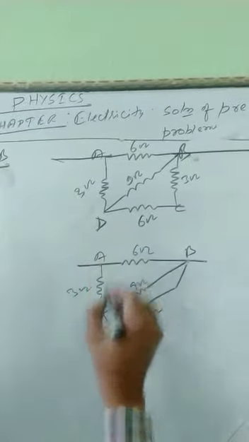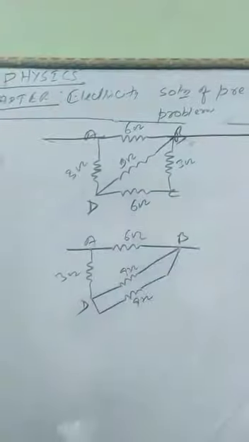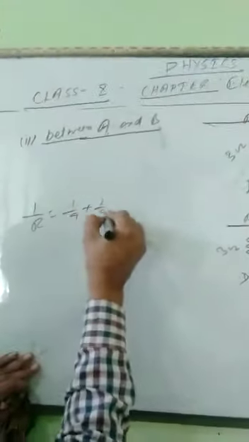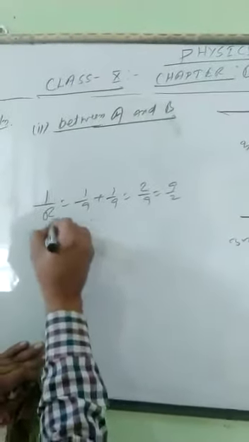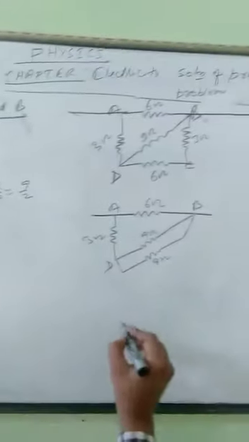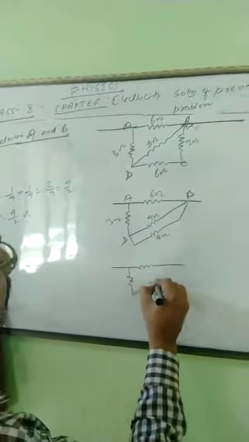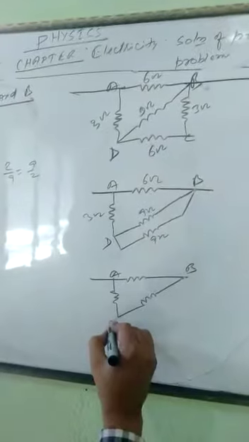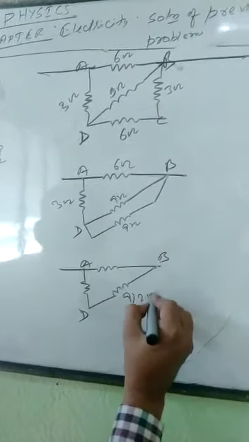It is A. 9 and 9 are both in parallel. Therefore, you will calculate 1 by R equal to 1 by 9 plus 1 by 9, that is 2 by 9, which means R1 is equal to 9 by 2 ohm. Now your figure is like this. This is A, this is B and this is D, which is 9 by 2.